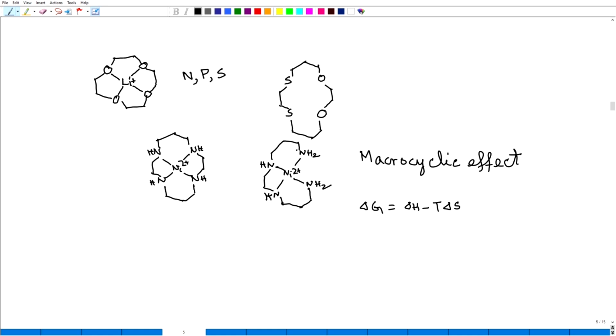Just look at this compound. From this compound I can easily get nickel out if I put any salt, because this amine group at the end can actually come off with a little bit of energy.